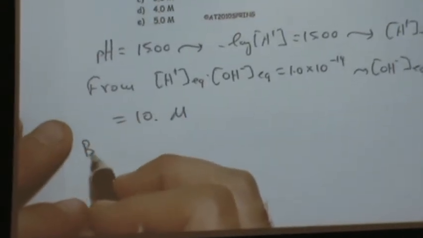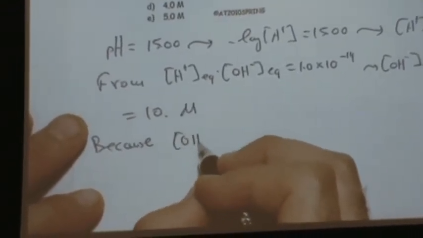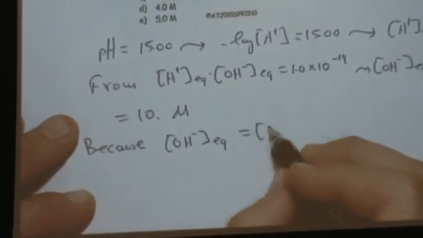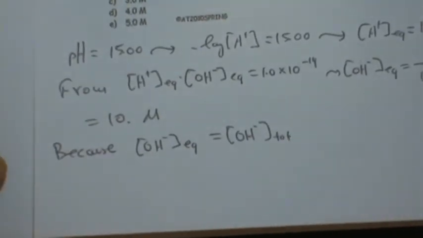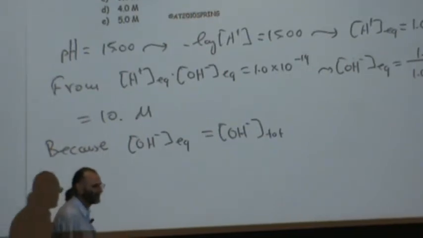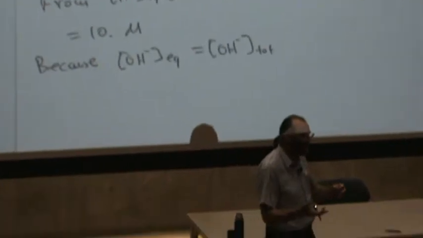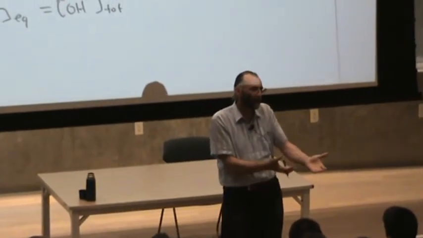Now, the concentration of hydroxide at equilibrium is equal to the total. Why is that? Well, it's a concentrated base, right? And it's 10 to minus 7 moles per liter when it's just water. And now you put a lot of base, the concentration of hydroxide ion that comes from water is practically zero.